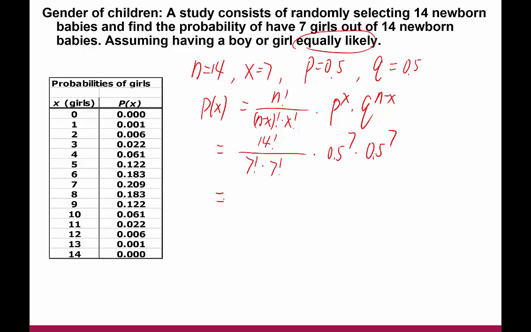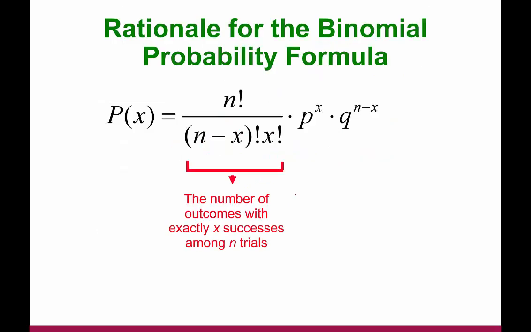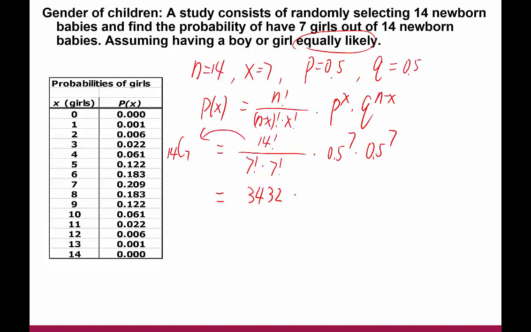And here you can use a calculator to get 14C7, which is 3432. Now 0.5 to the 7th power, 0.5 to the 14th power.